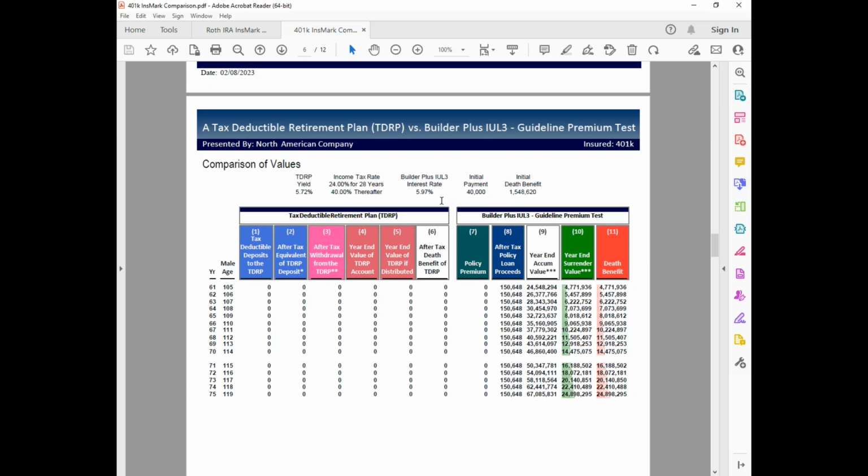The beauty of an IUL is in a down year, each of the IUL index options has a 0% floor. So the client doesn't participate in a 5%, a 15%, a 20% loss. They just get zero that year. They have less that they have to recover from. And 2022 was a great example of that.